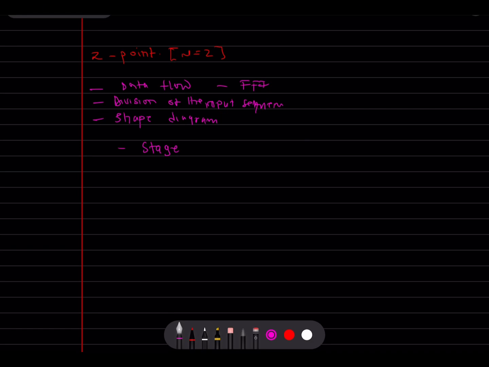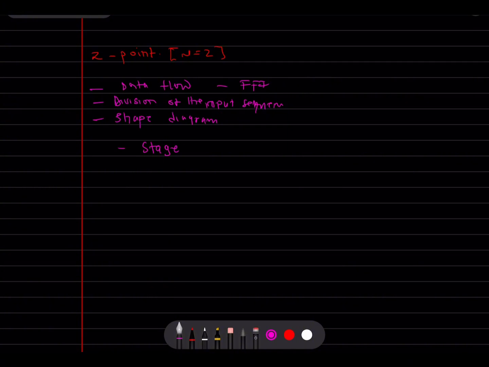Aside from that, the only thing you need to do is illustrate it on the butterfly diagram: trace the data flow by showing the arrows, and then label them using the twiddle factors. From there, things will become easier and simpler.